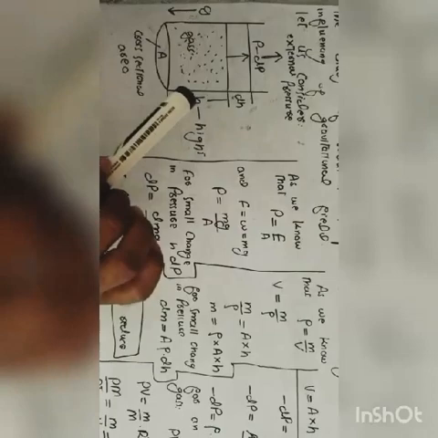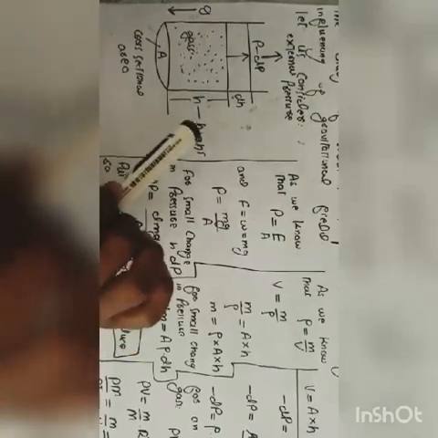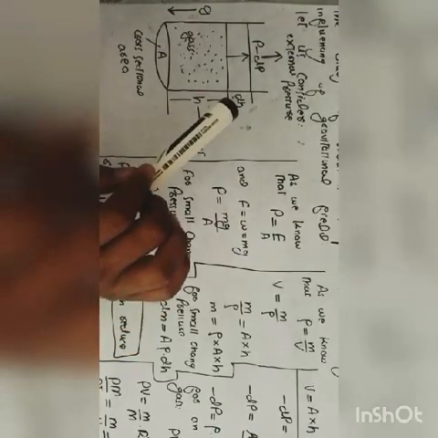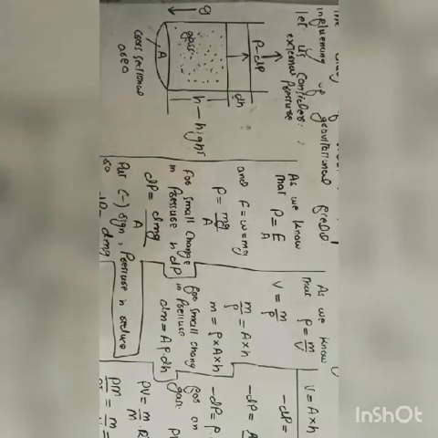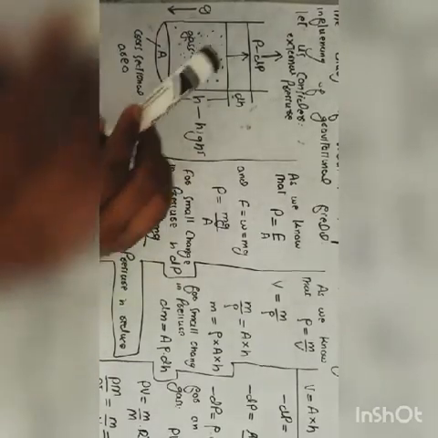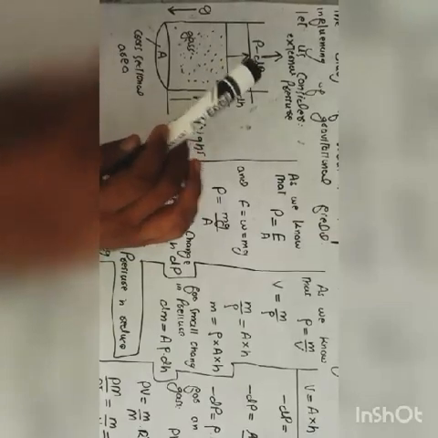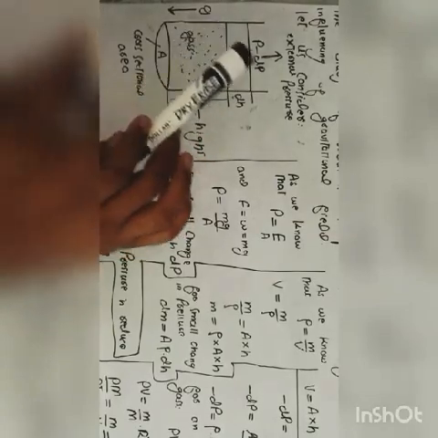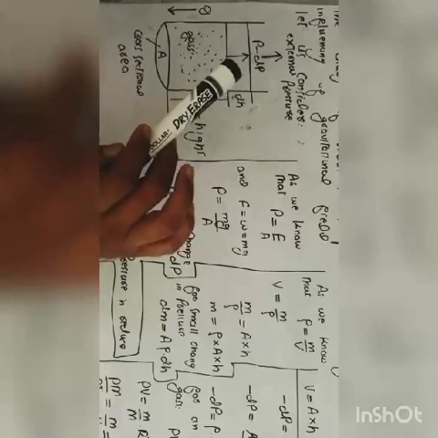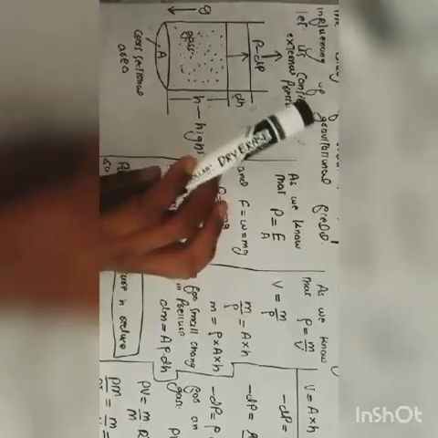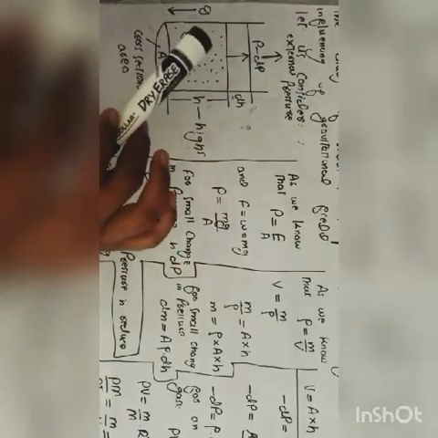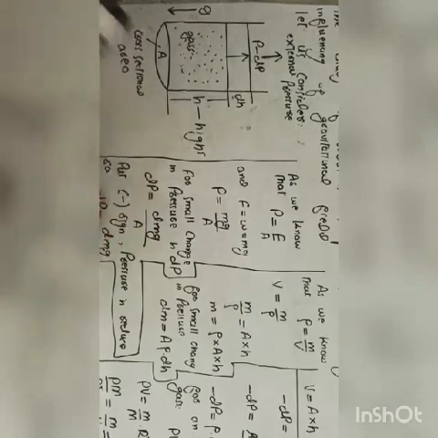The change in the height of the container is delta H. When we reduce the pressure, the decrease in the pressure is P minus delta P. The external pressure is acting on the piston vertically upward, and the gravitational field is acting vertically downward.